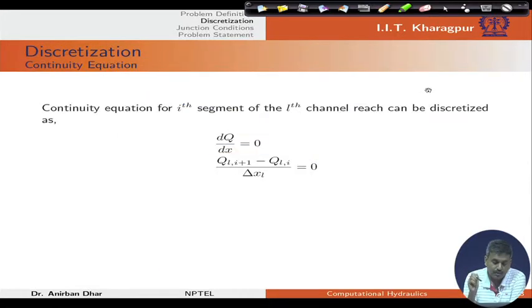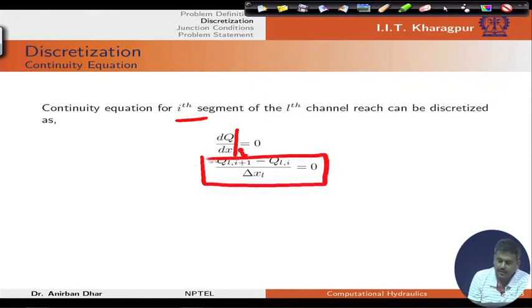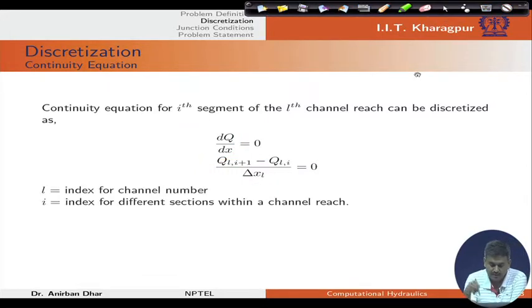Now, as part of discretization we need to discretize the continuity equation for the ith segment. If we discretize this equation for the ith segment of the Lth channel, then basically we are getting this for the ith segment. We have any arbitrary case, L is the index for channel number, I is the index for different sections within the channel reach.